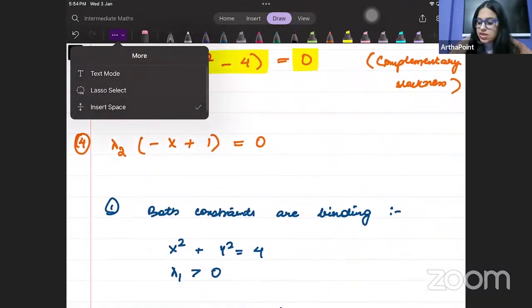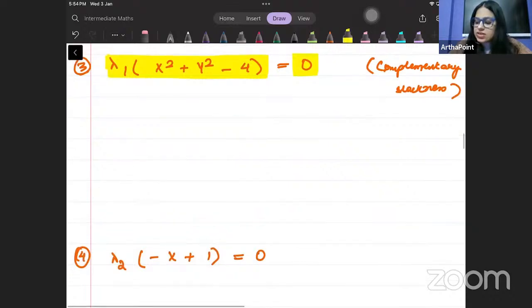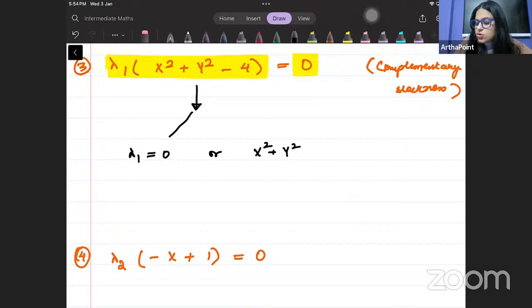But what is the meaning of complementary slackness? It says that if the product of two things is 0, then one of them will be 0: either lambda 1 will be 0 or x square plus y square minus 4 will be 0.